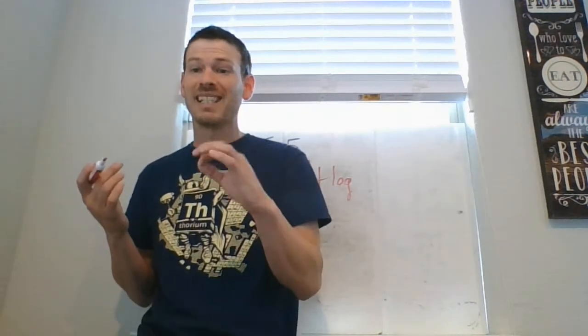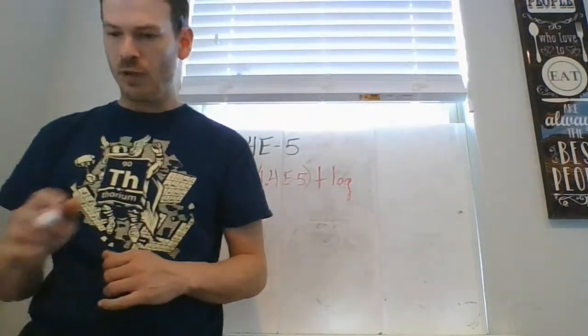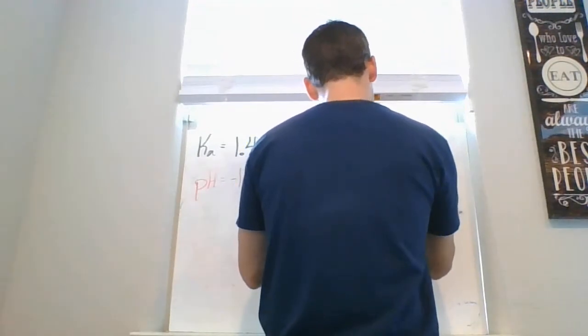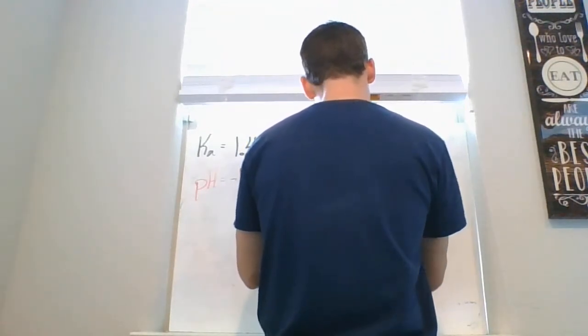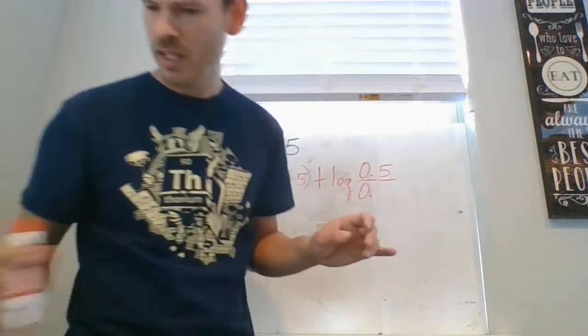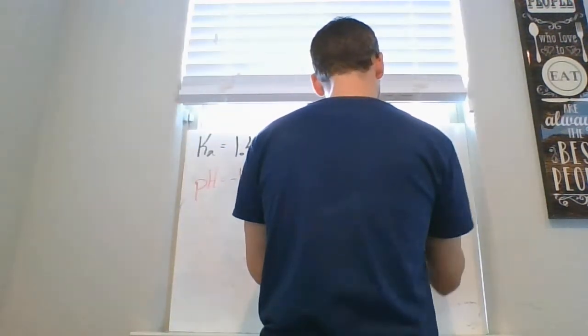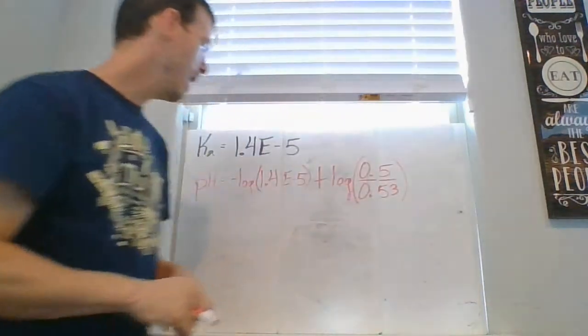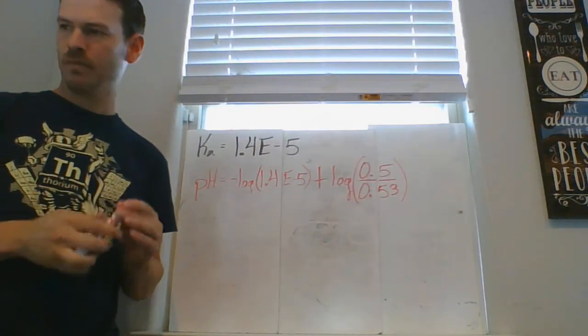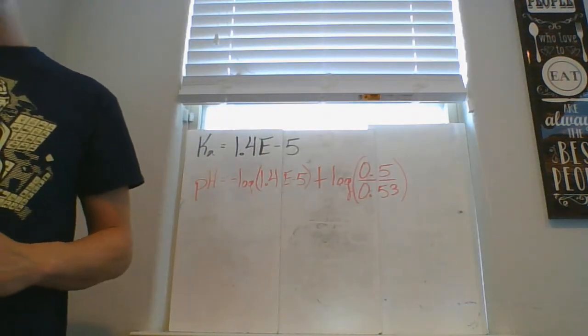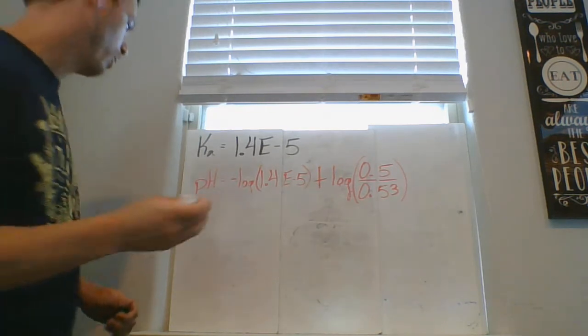It'll be just the C6H4NO2 minus that is floating around. So if you look at the way the numbers are assigned, I'm going to put 0.5 over 0.53. Now I have filled in my equation, and I'm able to solve for pH, and I'm going to get a pH of 4.83.